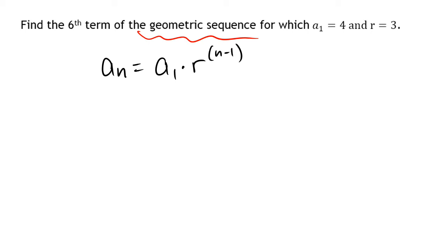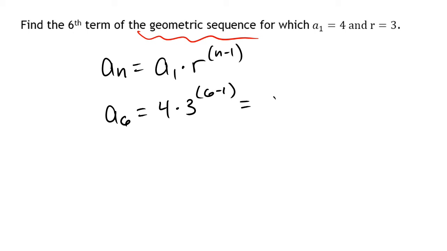The first term I'm told is 4, my common ratio is 3, and I'm going to raise that to the 6 minus 1, or the 5th power.